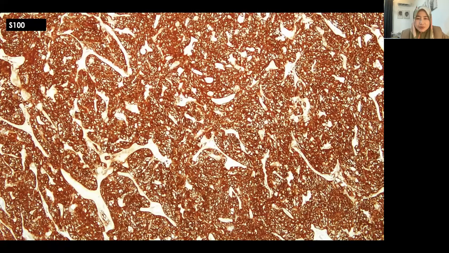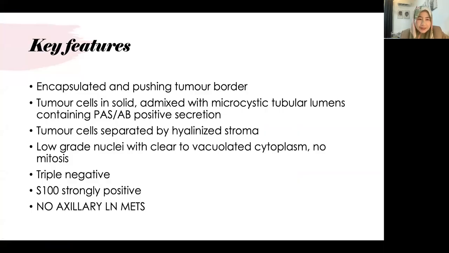S100 protein shows strongly positive. So the key features here: this is an encapsulated tumor with a pushing tumor border. The tumor cells are mainly in solid nests with microcystic tubular lumens containing PAS and Alcian blue positive secretion, and the tumor cells are separated by hyalinized stroma.